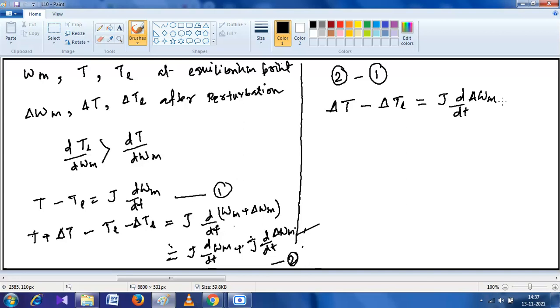After subtracting equation 1 from 2, we get this equation. Yes, sir. Okay.